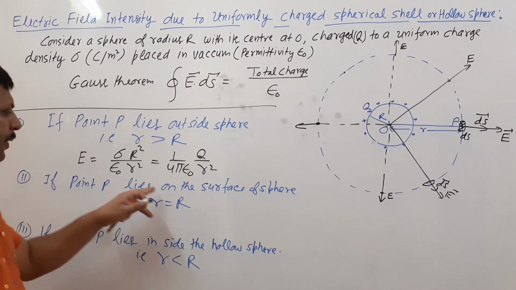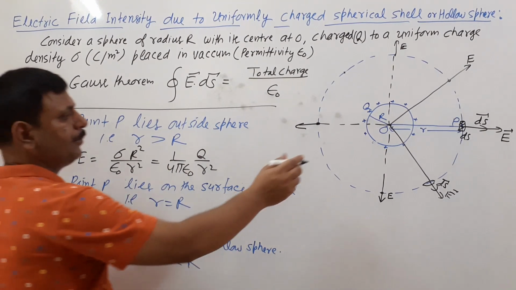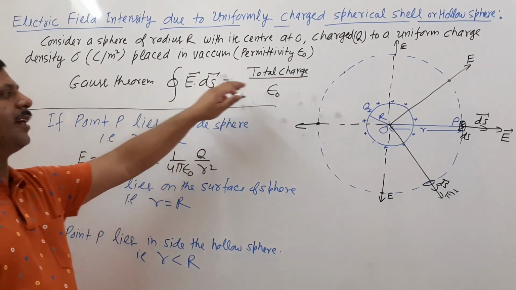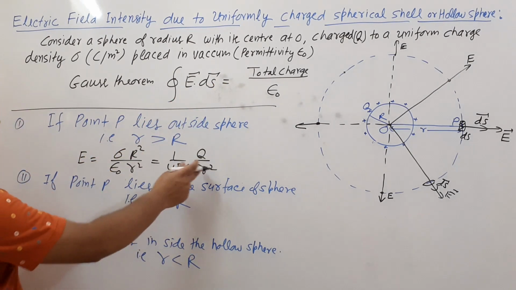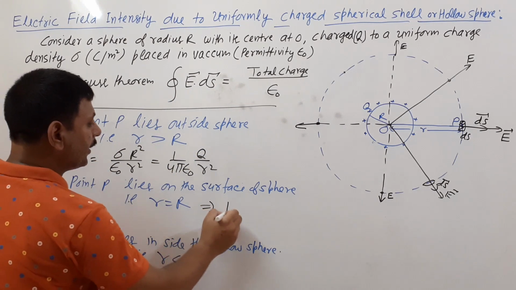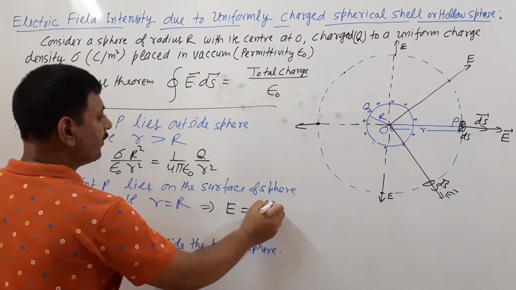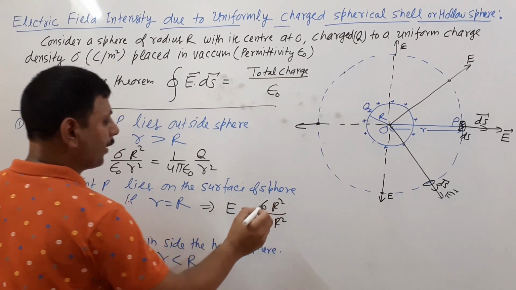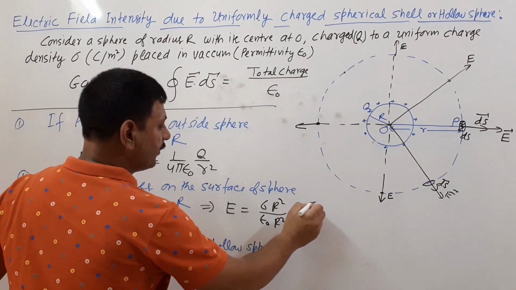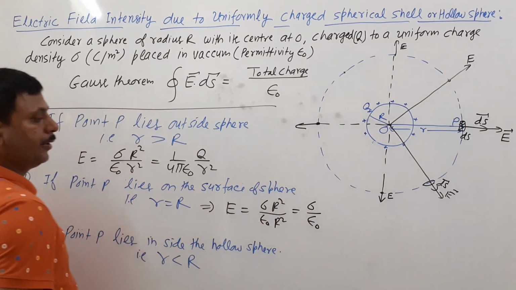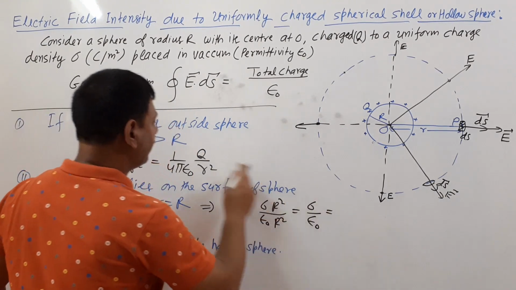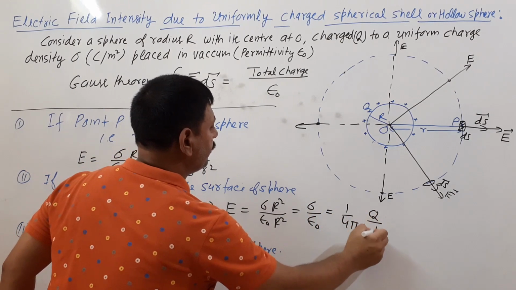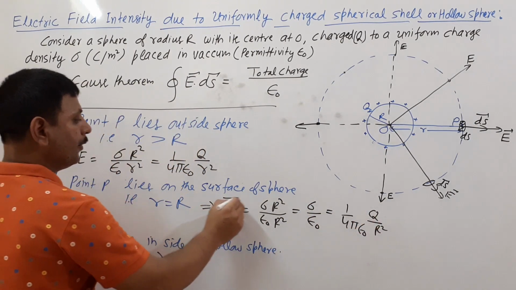Suppose this point P lies on the sphere. Then if we do the same with left hand side and right hand side, r is equal to R, and E is equal to sigma R square upon epsilon naught R square, or sigma upon epsilon naught, or you can say in this form 1 upon 4 pi epsilon naught Q upon R square.